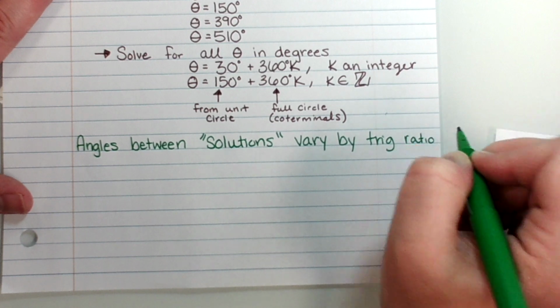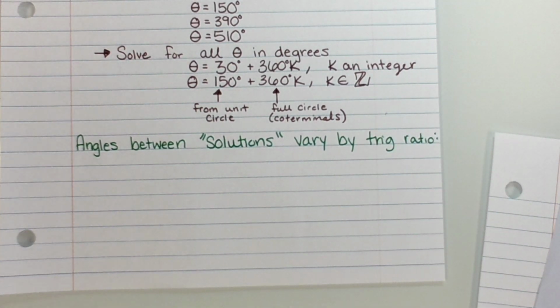When it comes to these, the angle between the solutions, from one solution to get to the next solution, changes depending on if it's sine, cosine, or tangent.